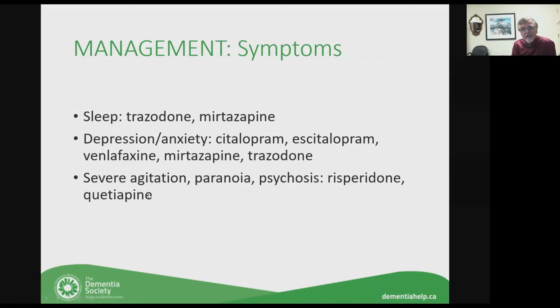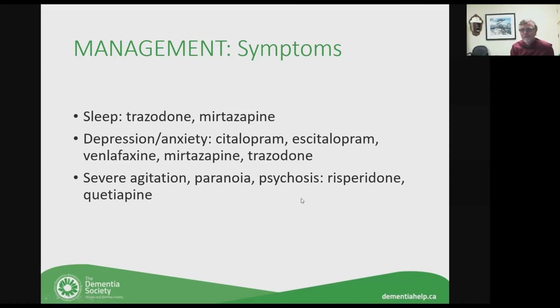And then there's agitation, paranoia, and then sometimes psychosis. So when trazodone doesn't work anymore, and there are real fears for their lives, and they won't come out of their room, and there's no quality of life, then an antipsychotic like risperidone or quetiapine may be appropriate, and they do work extremely well when used for the right thing and in the right dose.